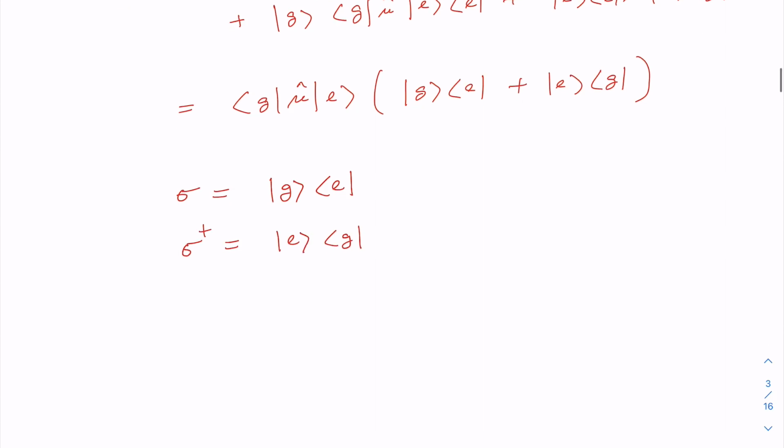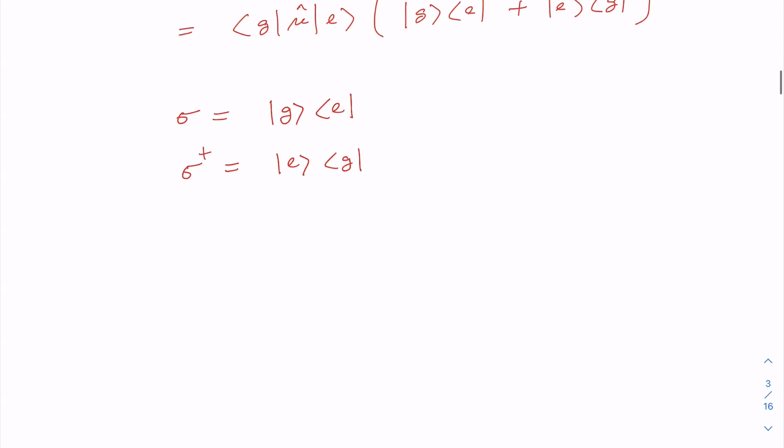In terms of these operators, we can write the dipole moment operator mu as follows. We can write <z|mu|e> times sigma plus sigma dagger. Let me write it: sigma and sigma dagger.